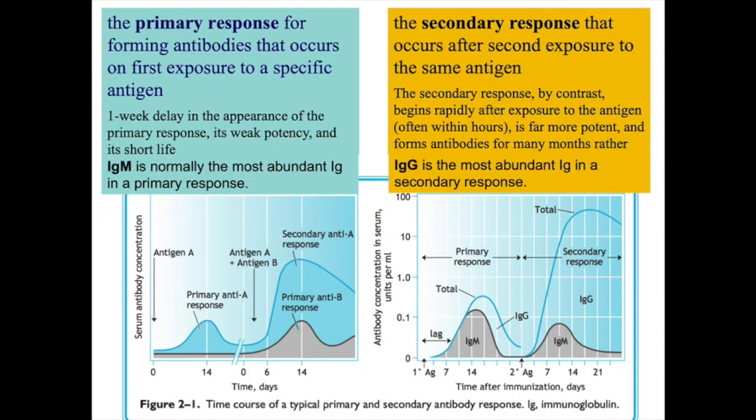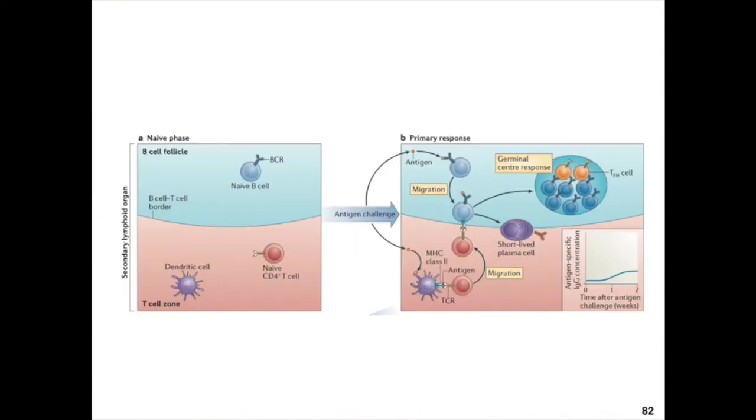So let's walk through these pictures, and they may have details that I did not mention. You can just not worry about them, but I want to show you these pictures so that they help you understand the overall process of memory. Here we have the naive cells, the exposure or challenge to the antigen. B cells and T cells will be activated. See the role of the T helpers activating the B cells.